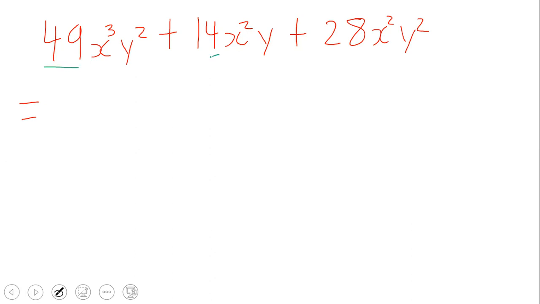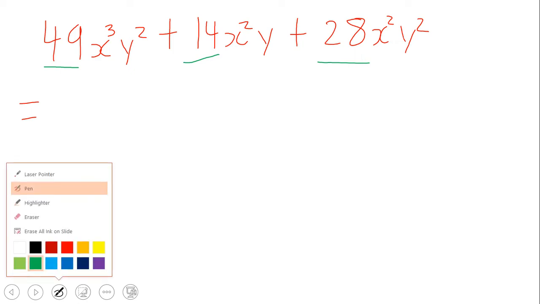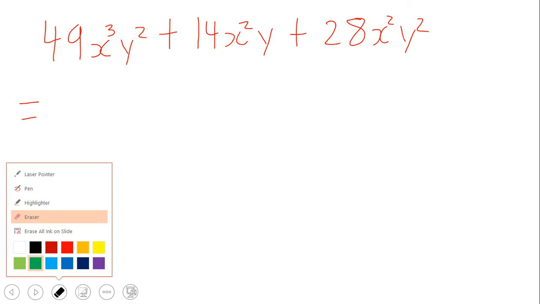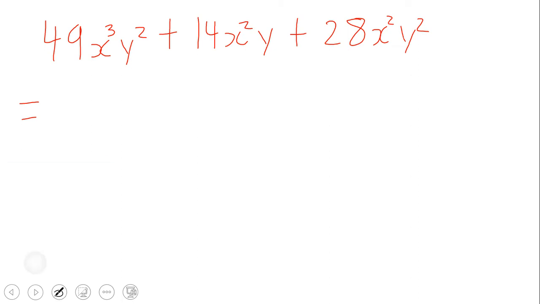What times 7 is going to give us 14? 2. And what times 7 gives us 28? 4. Very good. Someone knows their multiplication tables. All right. So you're right with that. Definitely it is going to be 7, right?